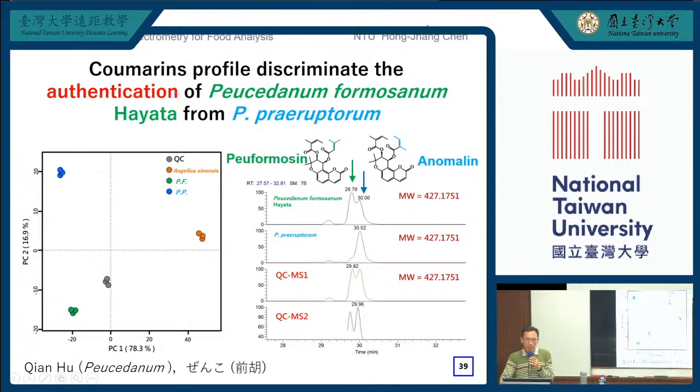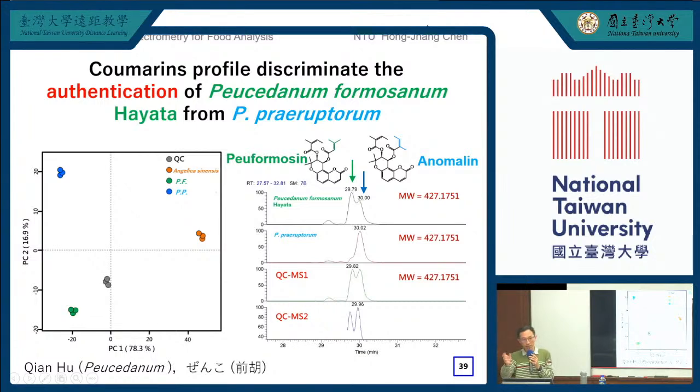But after the LC chromatographic separation, we can separate it into 2 peaks here. So we can identify this one belongs to this cultivar, and this one belongs to another. That's the fragment just here. By using MS technology, we can identify this compound.